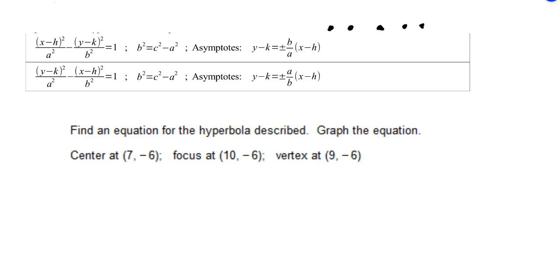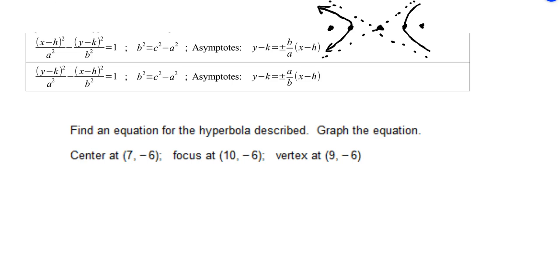And then you're going to draw asymptotes using rise over run. And for those asymptotes, you're going to use a and b as your slope. And that's going to help define where to draw your hyperbola.